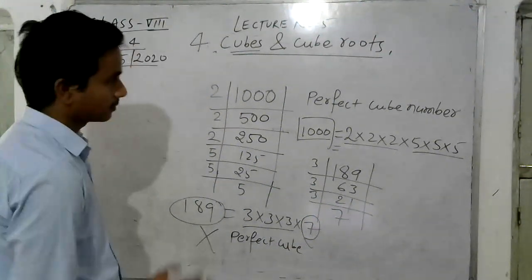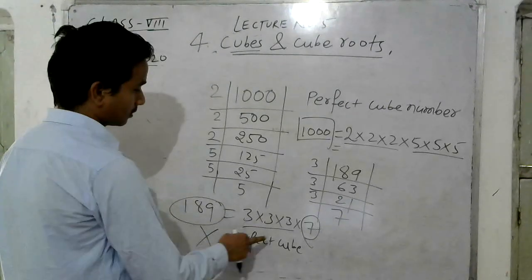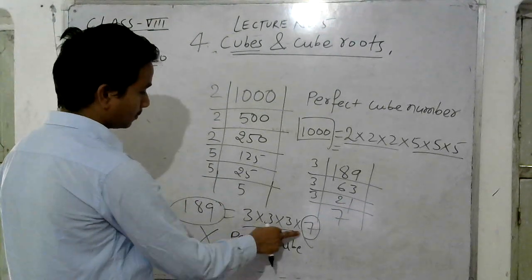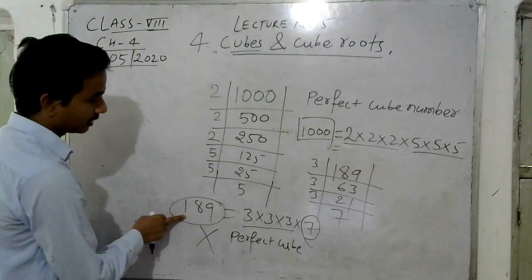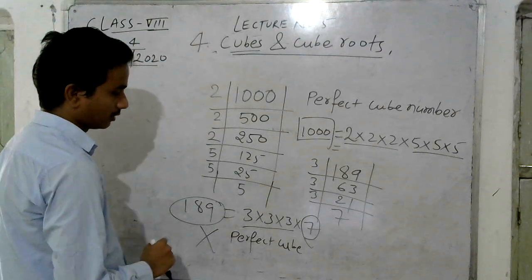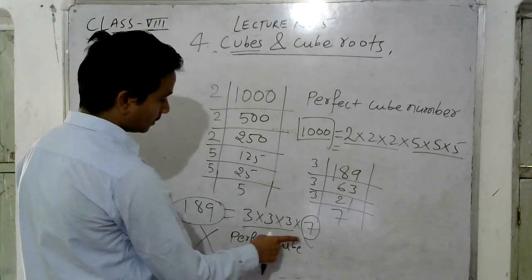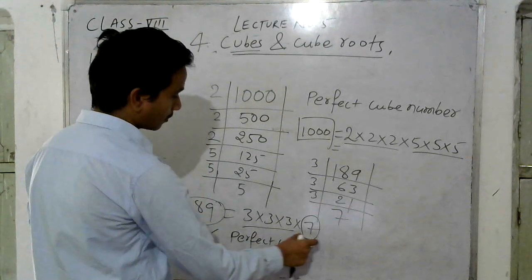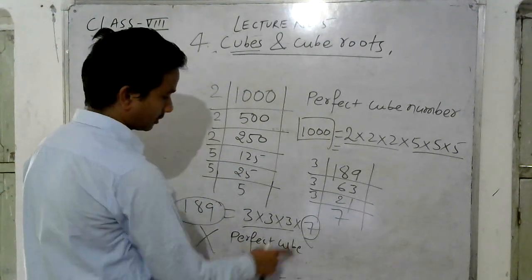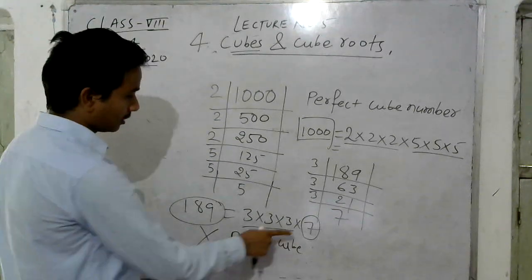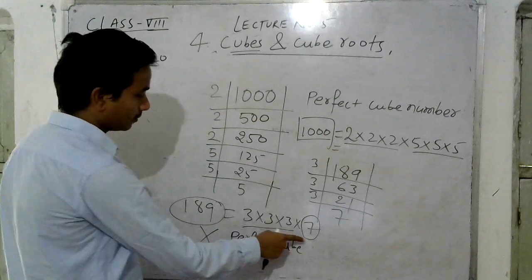Sometimes there can be a question like this: what least number should 189 be divided by so that it becomes a perfect cube? That number is the one which is not forming triplets of equal factors. Here there is only one 7, so we have to remove this 7. How do we remove it?